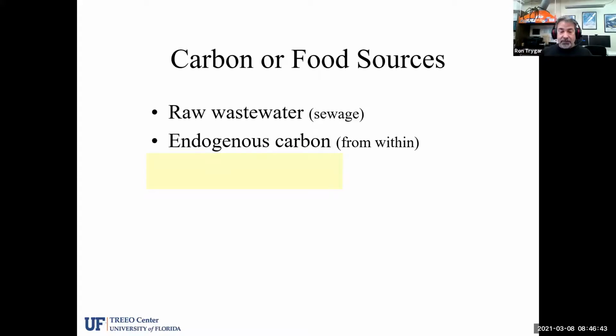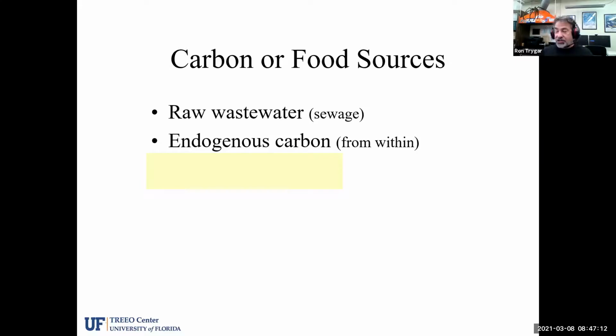Downstream in other anoxic basins or in clarifier sludge blankets, sometimes we find that bacteria rely on their own carbon within their cells to continue to survive. And so we call that endogenous carbon. Endogenous carbon is supplies of carbon within their cells that they have, like food storage vacuoles that they've stored with carbon in it, and they're using for their energy to reproduce.